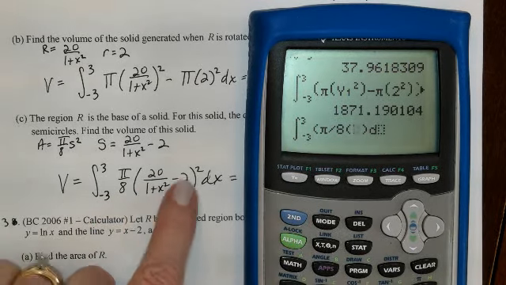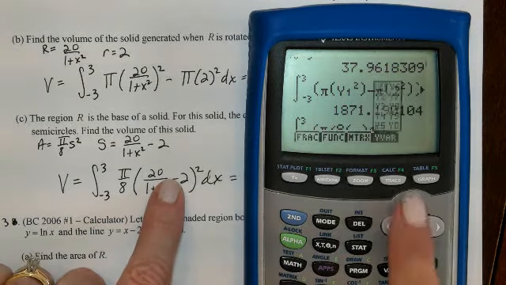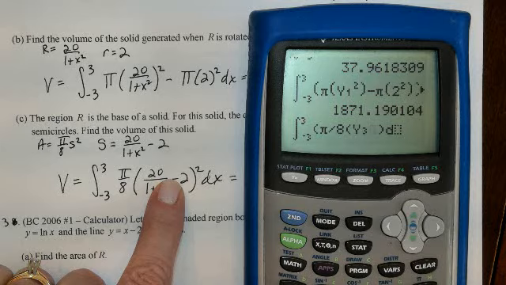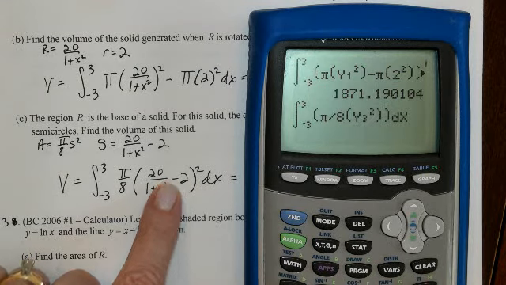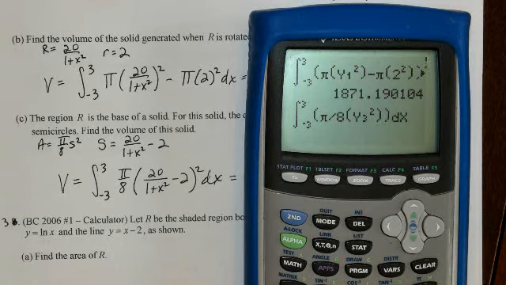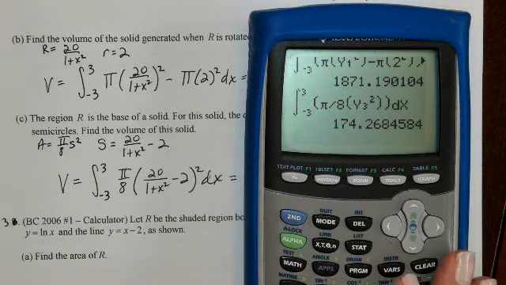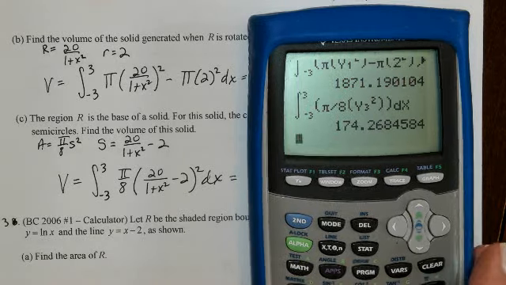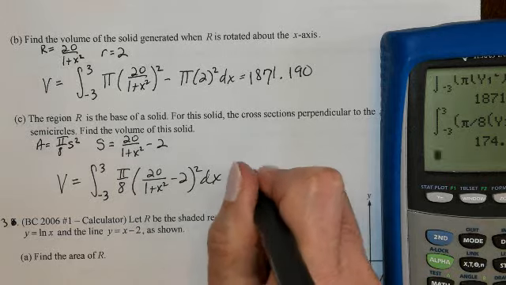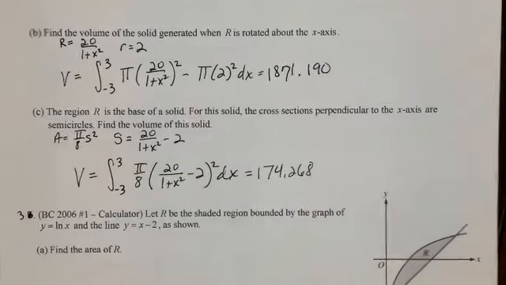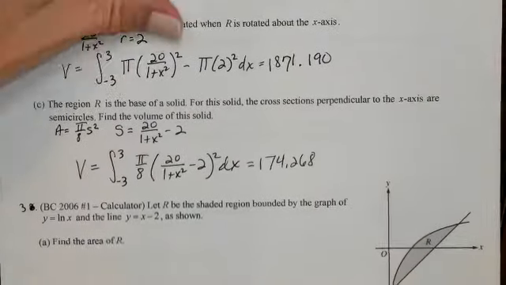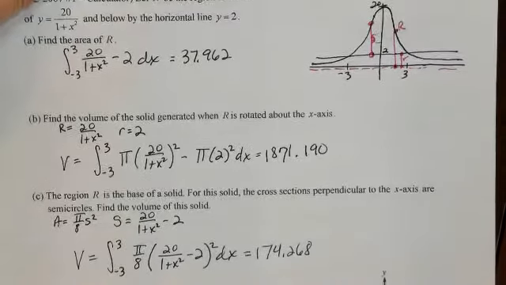So alpha y3 squared dx. And we get 174.268. Okay? And that's our problem.